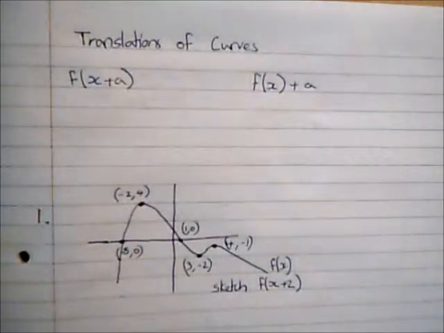In this video we're going to look at translations applied to the functions of curves. There are two forms that we're going to look at. We're going to look at how a function can be transformed by a horizontal movement and by a vertical movement.